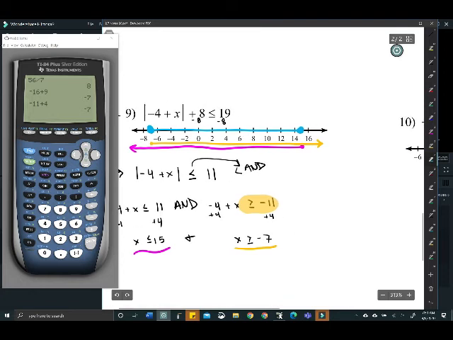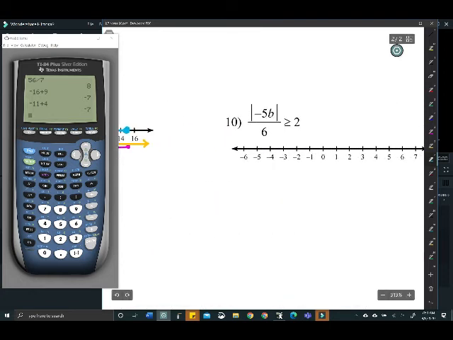10. Our good old fraction example. So remember, it's really equivalent to 1/6 absolute value negative 5b greater than or equal to 2. So if we just multiply each side by 6, that'll fix it. Absolute value negative 5b greater than or equal to 12. Split. Negative 5b greater than or equal to 12.